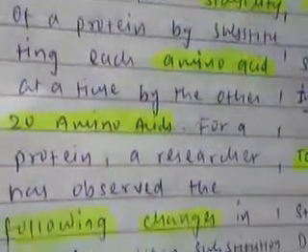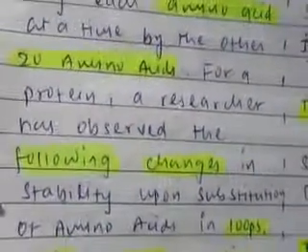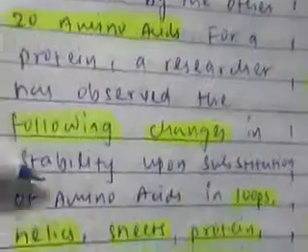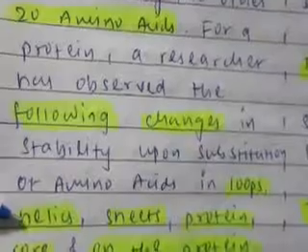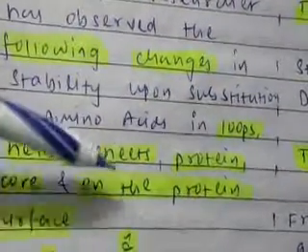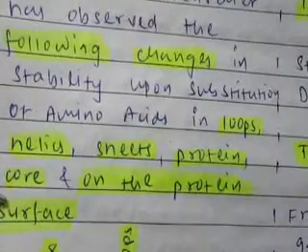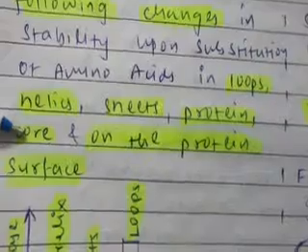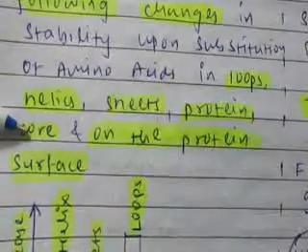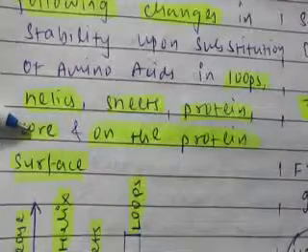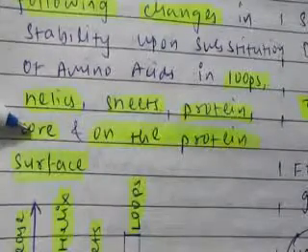For a protein, we observe the following changes, given in graphical form: stability upon substitution of amino acids in loops, helix, sheets, protein cores, and on the protein surface. Based on this profiling, we have to answer a particular question and select the right option.